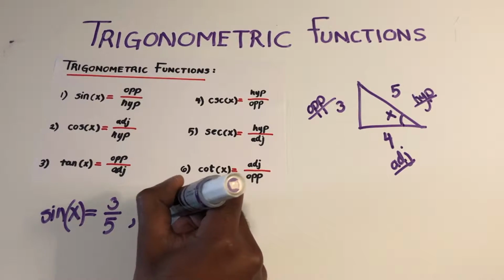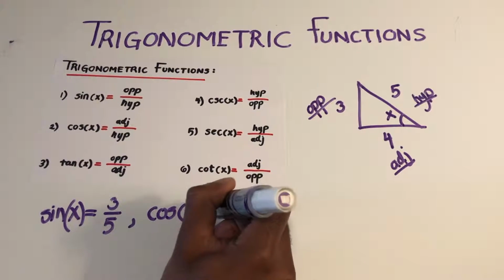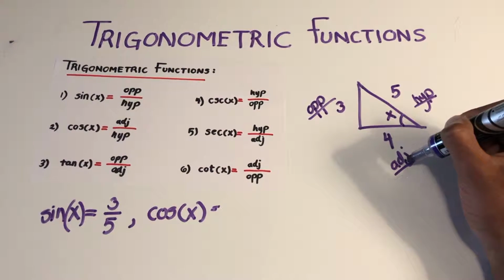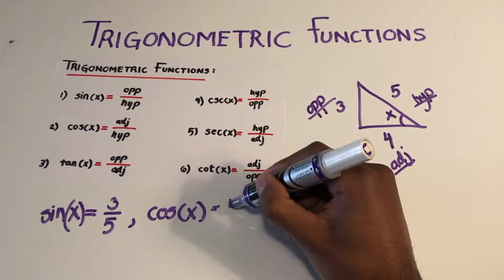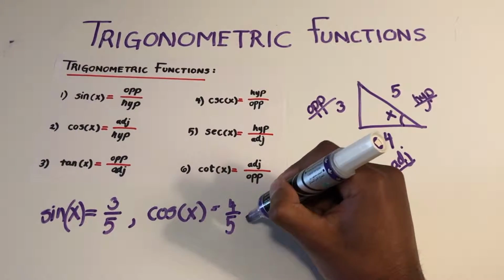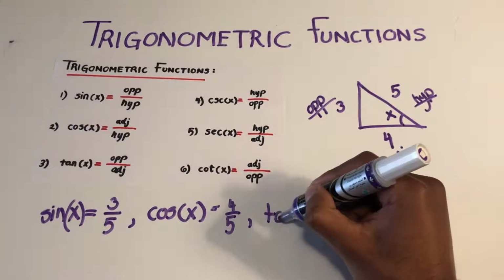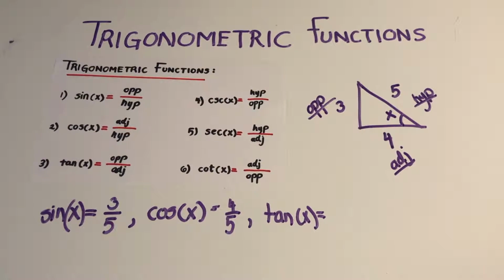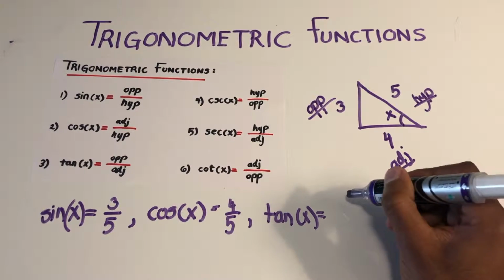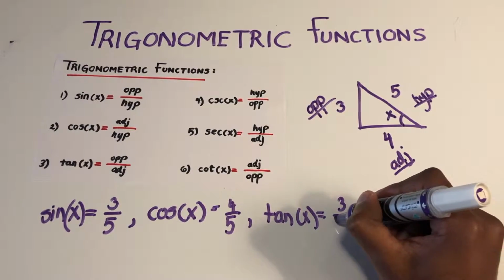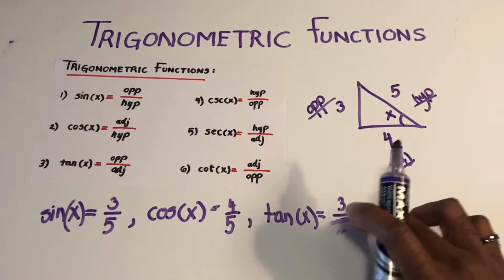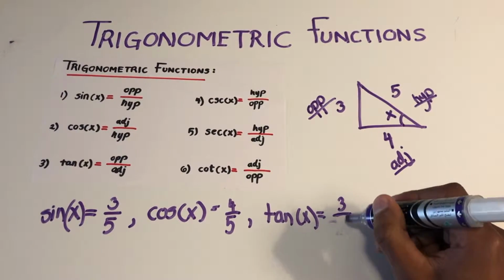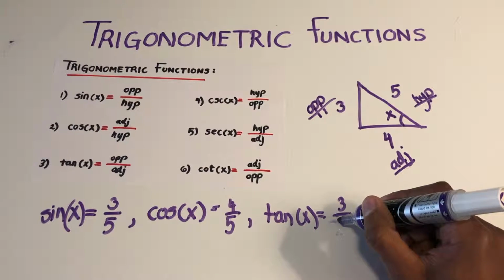For cosine, we have adjacent over hypotenuse. So in this case, it's 4 over 5. For tangent, tan x, we have opposite over adjacent. So in this case, it'll be 3 over 4. Sorry. Opposite over adjacent, 3 over 4.